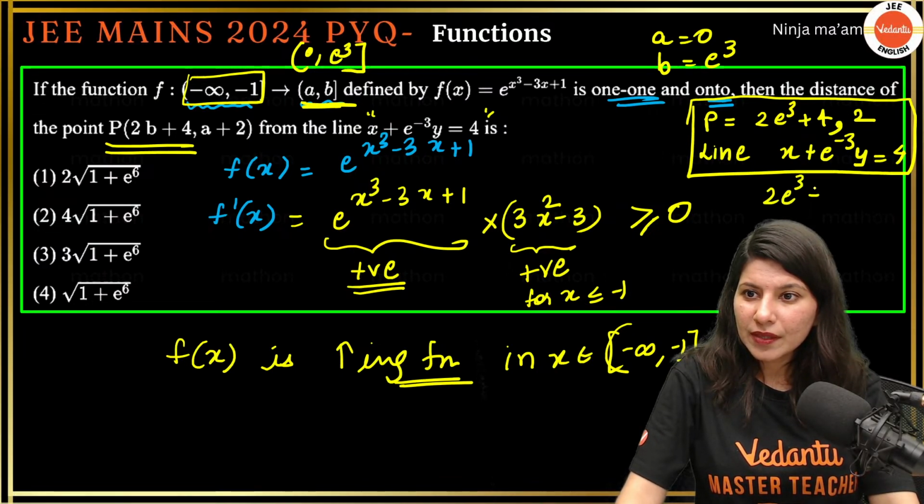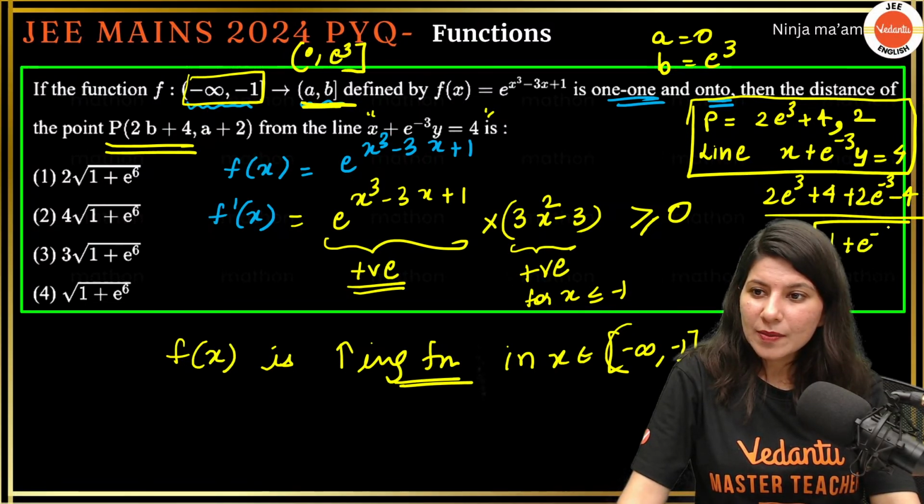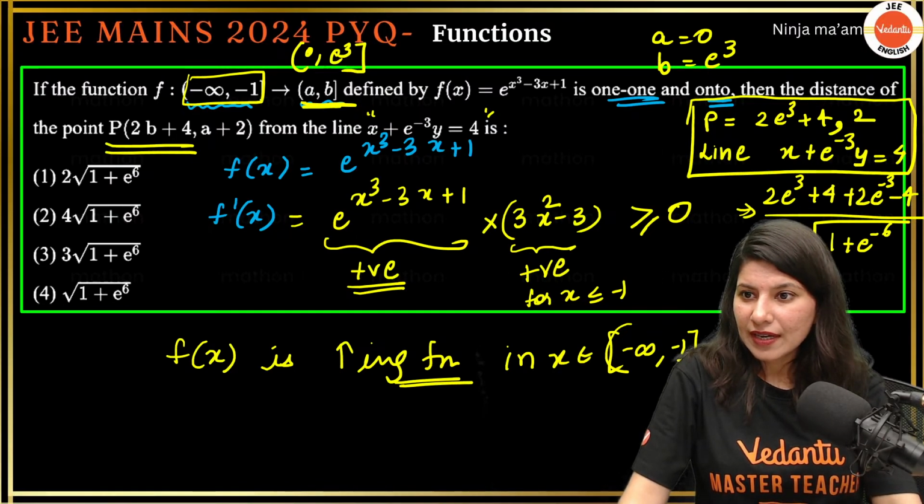2e cube + 4 plus, now in y, 2 e raised to power minus 3 minus 4, upon square root of 1 plus e raised to power minus 6, is the perpendicular distance you are looking for. And if you solve it, what will you get?